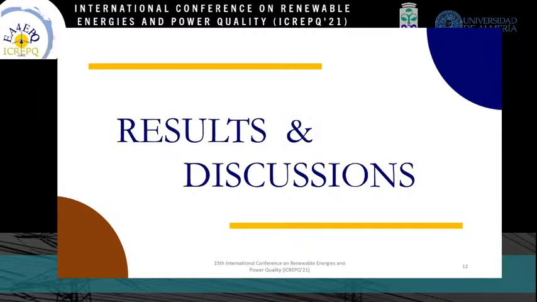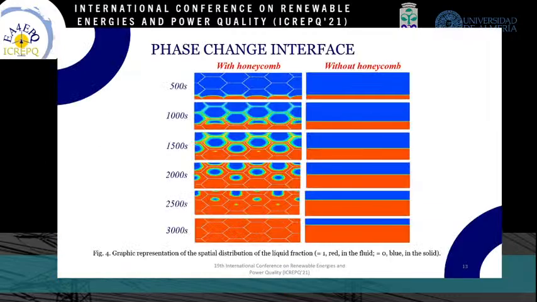We now move on to the discussion of the results. The following image represents the evolution of the phase change interface for the two configurations, i.e. the configuration with and without honeycomb. First of all, I would like to point out that the colors blue and red represent the condition when the material is completely solid and liquid respectively.